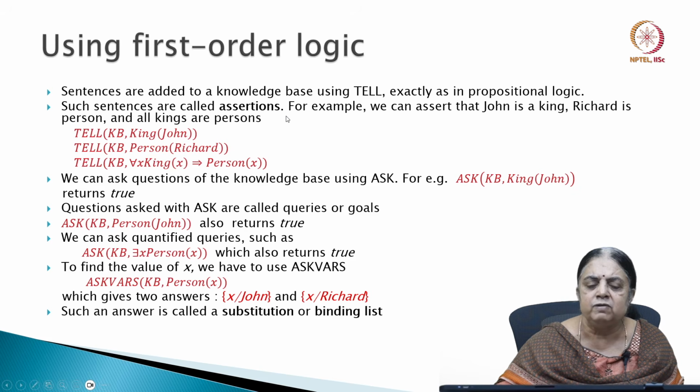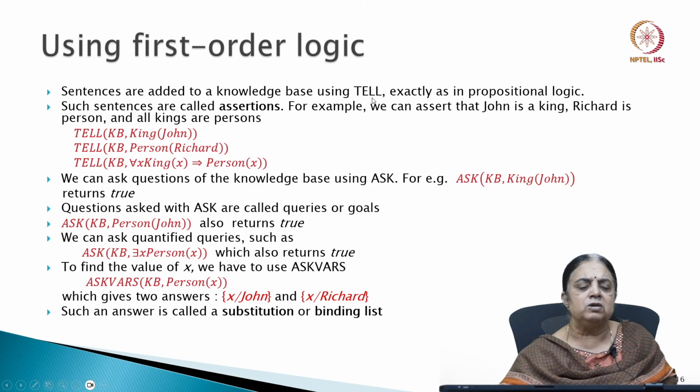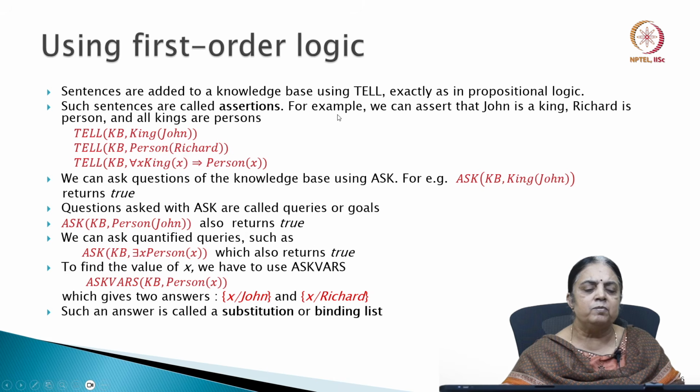When you say tell, it means you are telling some fact to the knowledge base. The syntax is like this: you say tell and the knowledge base, the particular knowledge base you are talking about, and to that knowledge base you tell this particular fact.